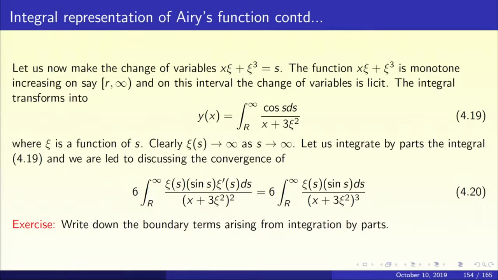And so in that region, let us make a change of variables, x chi plus chi cube equal to s. The function x chi plus chi cube is monotone increasing provided r is sufficiently large, and the derivative will be positive. And so the change of variables is a valid change of variables. The integral will transform to the integral from capital R to infinity of cos s.